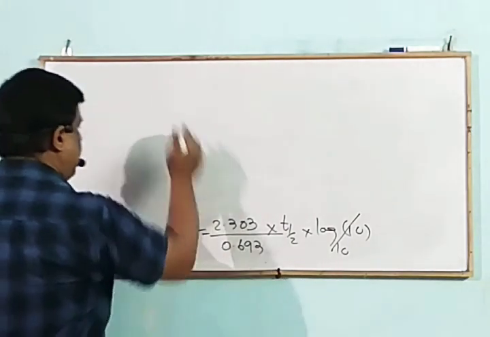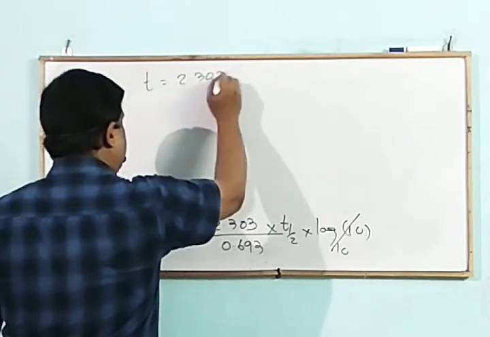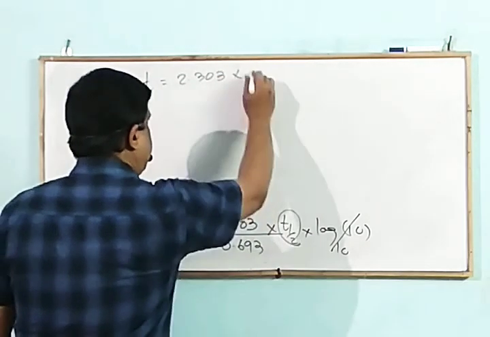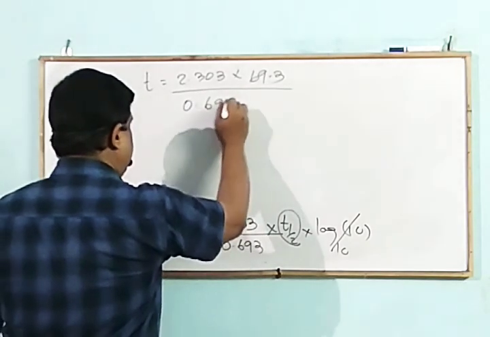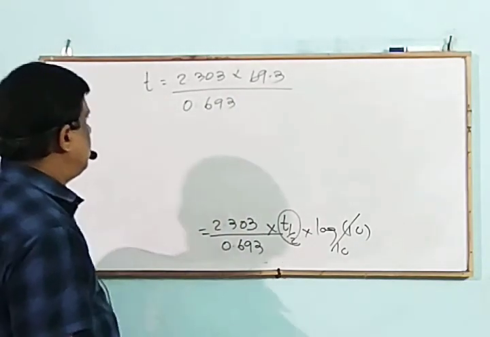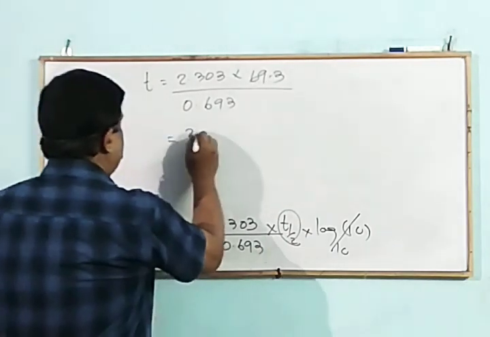So I rewrite this: T is equal to 2.303, half-life given, that is 69.3, divided by 0.693. Can you cancel this? Mark that.